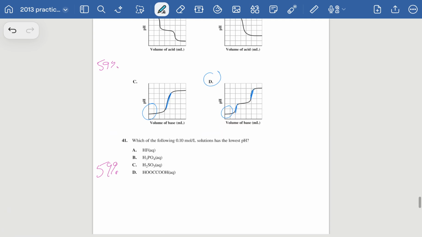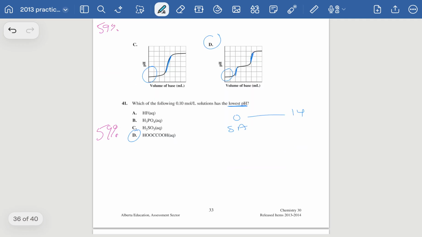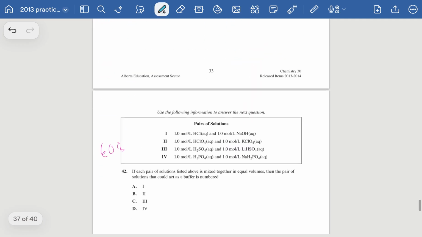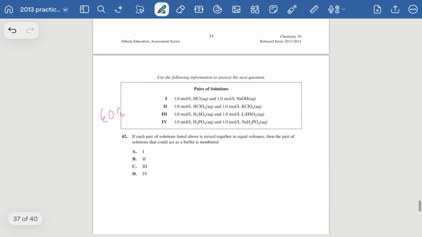41, which of the solutions has the lowest pH? Lowest pH, again, if you look at your scale, means you're the strongest acid. So here you're just looking at page 8-9 of your data booklet, and the acid that you see to be highest on that list is D. 60 here, we are mixing these together.